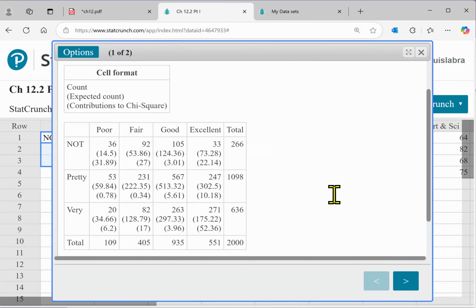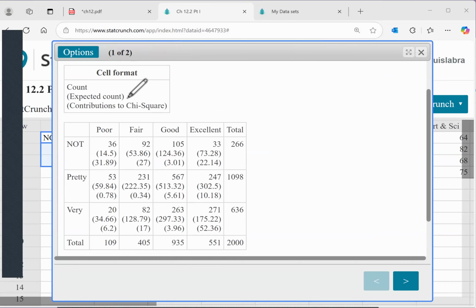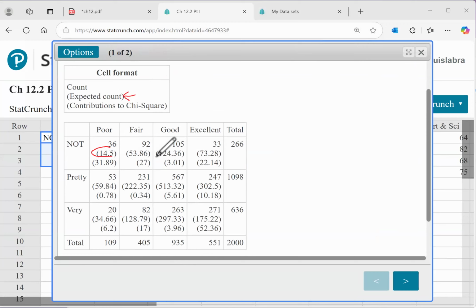So what we're going to do is read this right here. The expected counts are the middle number in parentheses. So here are the expected counts for each entry, every cell. And you can observe that each of those is in fact bigger than 1, and there are none that are less than 5. Notice that we also have the contribution to the chi-squared. So this number, for example, 3.01, where does that come from?